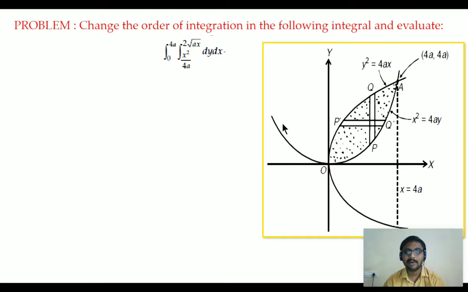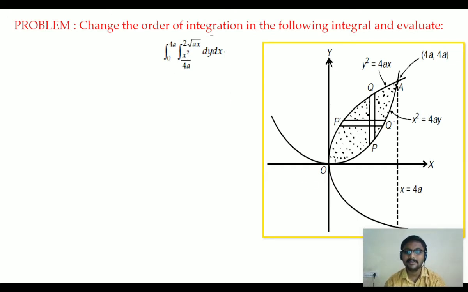These two parabolas are intersecting at 2 points. One is origin 0, 0 and another point is 4a, which is obtained by just solving these two equations using substitution. So we will get the intersecting point as 4a. Now we will have x limits. The x limit is x equal to 0.